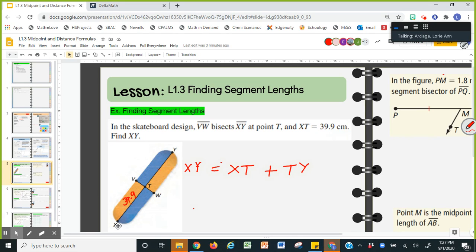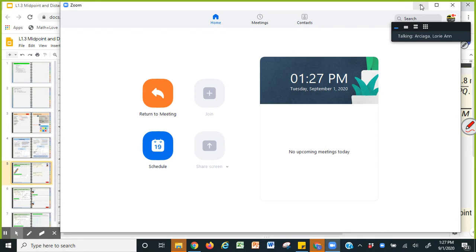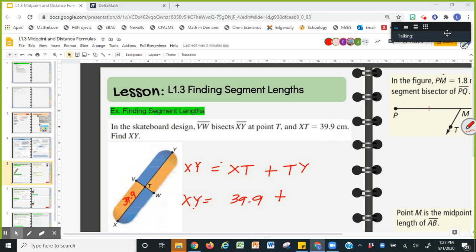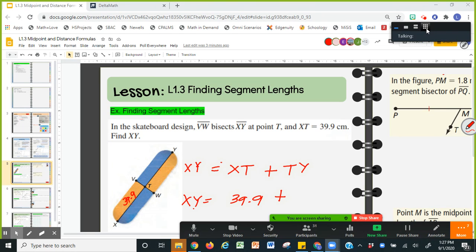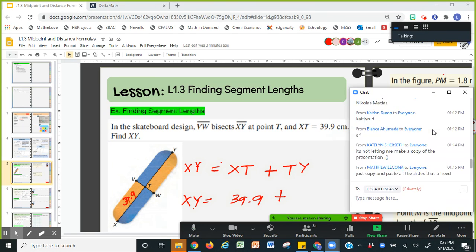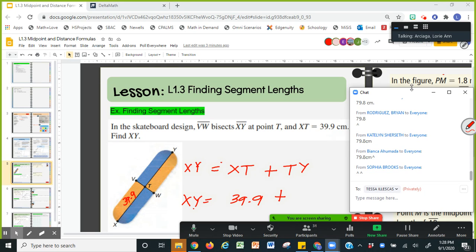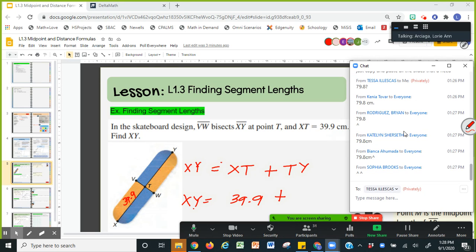So XY is equal to XT, which is 39.9, plus something else. But how long is TY? Anybody? Let me check the chat. All right, a lot of you wrote 79.8.